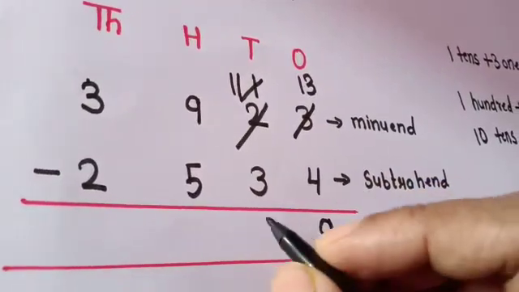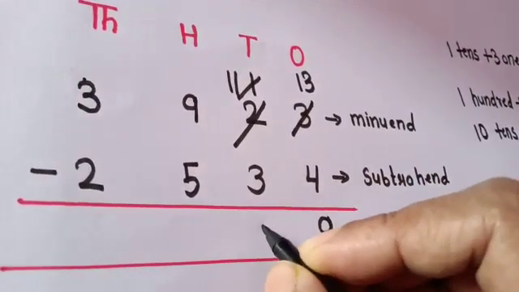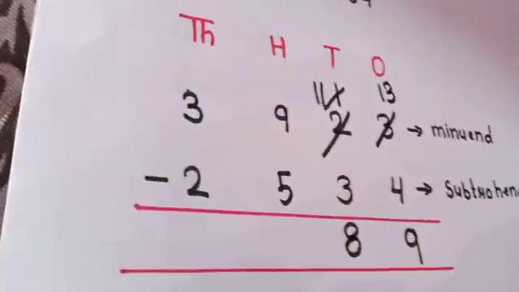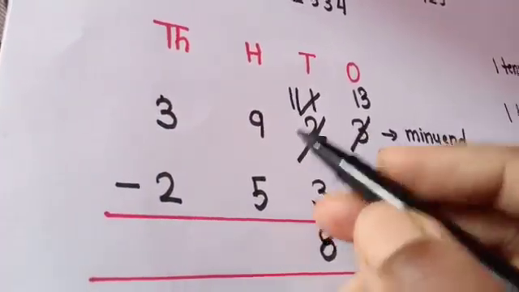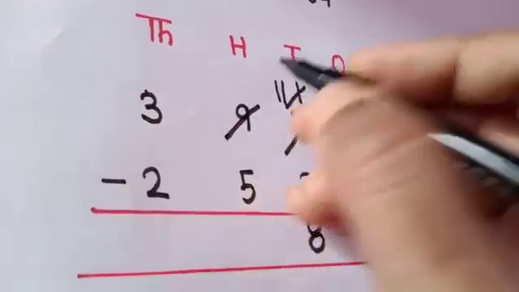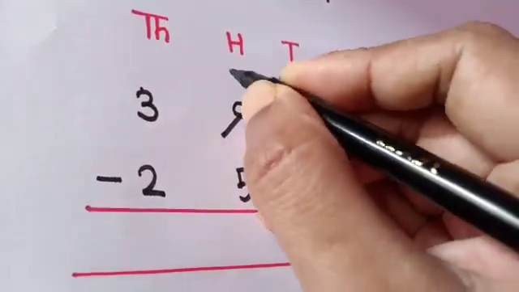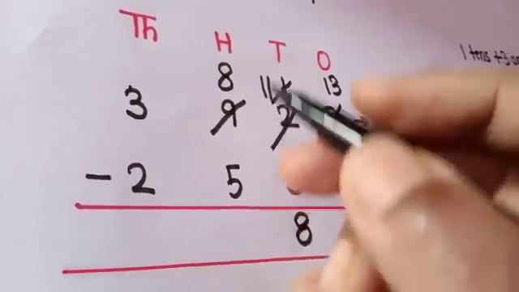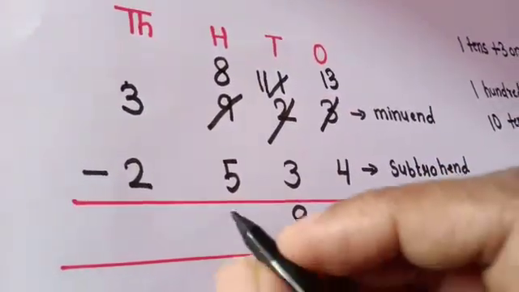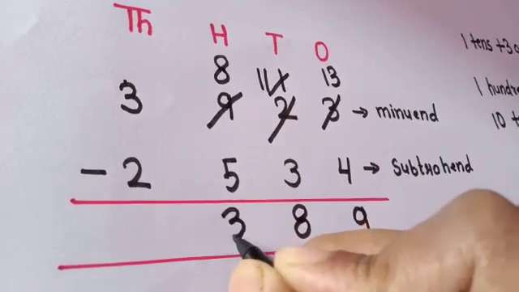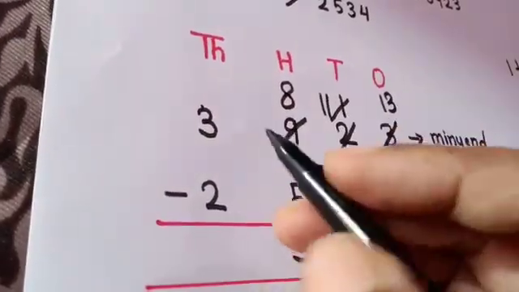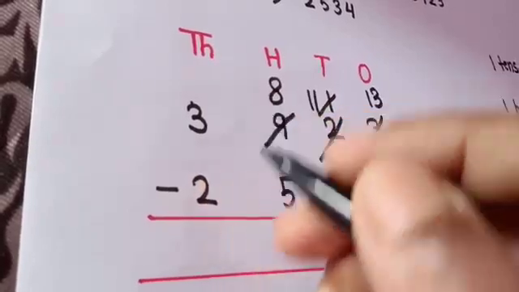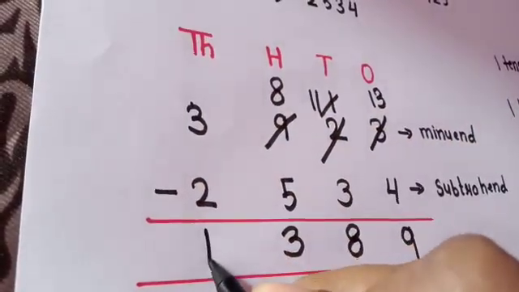So here 8. Now 9 becomes 8, and when we subtract 5 from 8 then 3, and when we subtract 2 from 3 then it becomes 1.